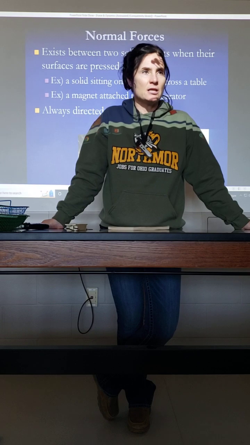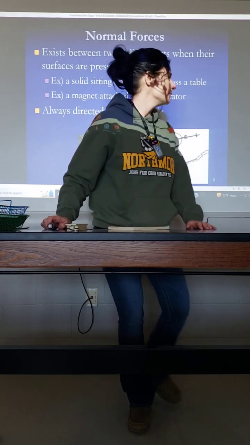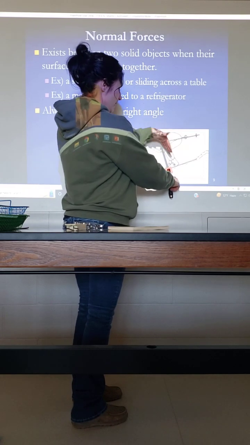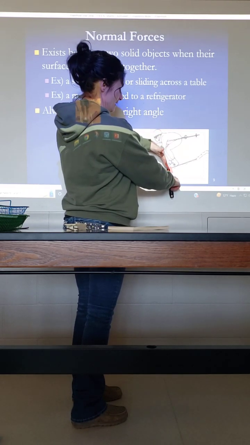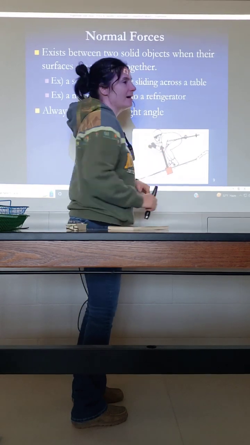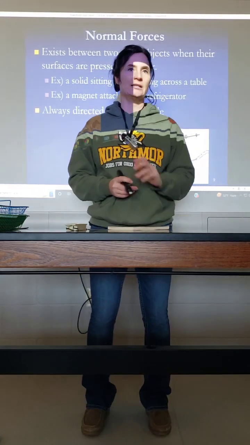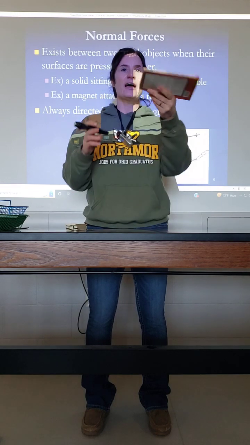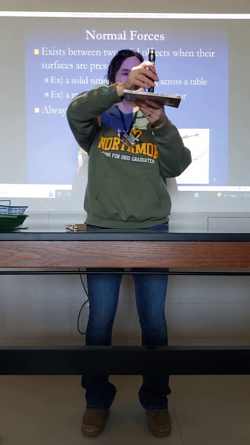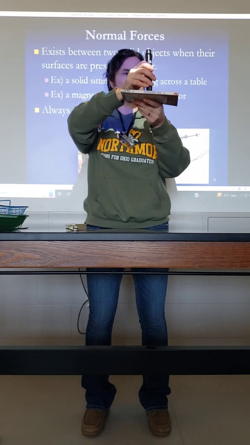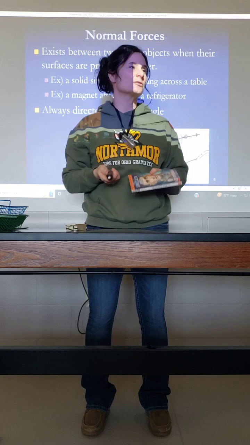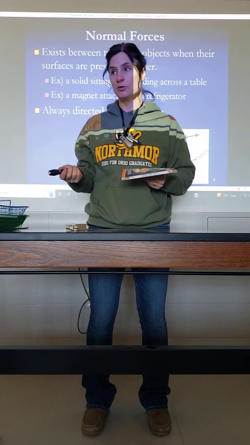No, the gravity is staying the same, but what has changed is that if gravity is pulling down, and my normal force is at an angle because the ground is at an angle, then the gravity and the normal force are not canceling each other out. If I have a perfectly flat surface and I have my normal force, it is going to be exactly equal to gravity, and so they're going to cancel out. You're going to get no change in motion.